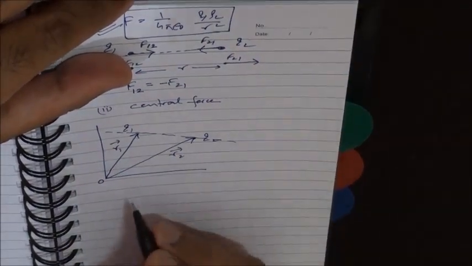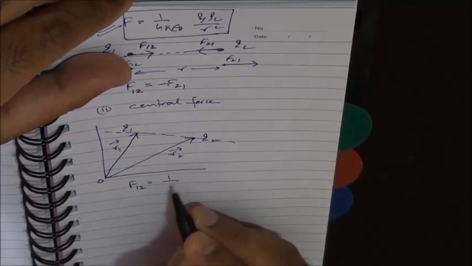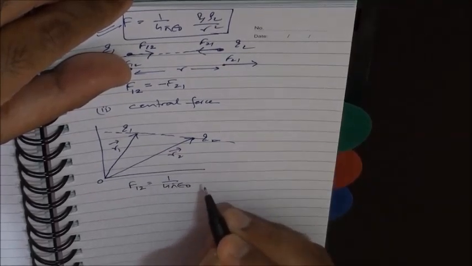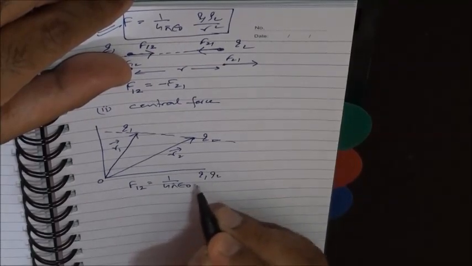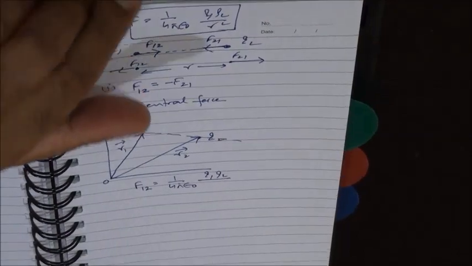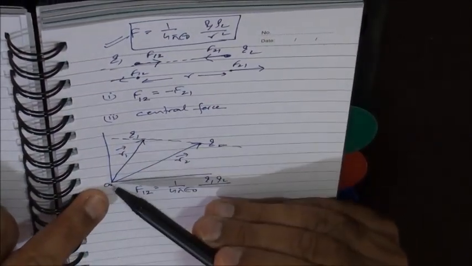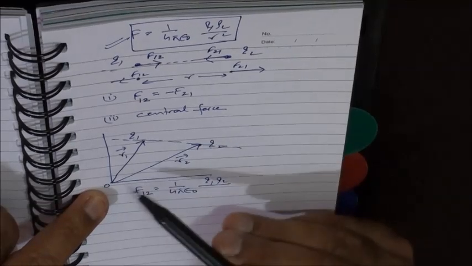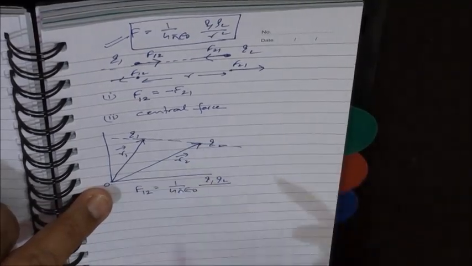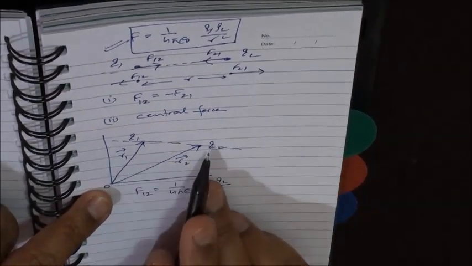So force on q1 will be force on 1 due to 2, 1 upon 4 pi epsilon naught q1 q2 by what is the distance of this from this. See, distance of q1 from origin is r1 minus 0. Distance of q2 from origin is r2 minus 0. So what is the distance of q1 from q2? Actually it will be r1 minus r2.